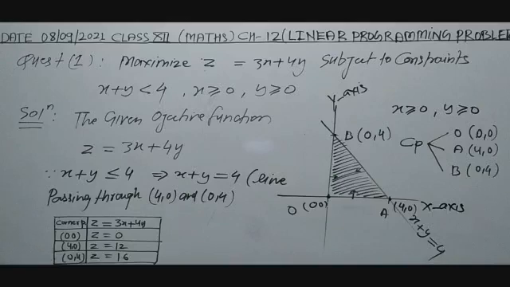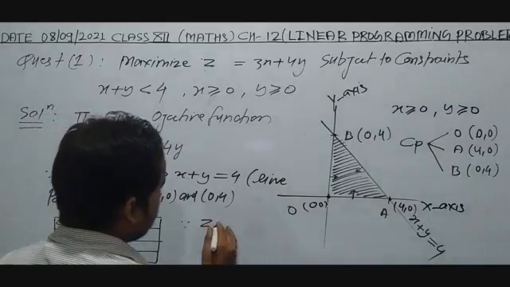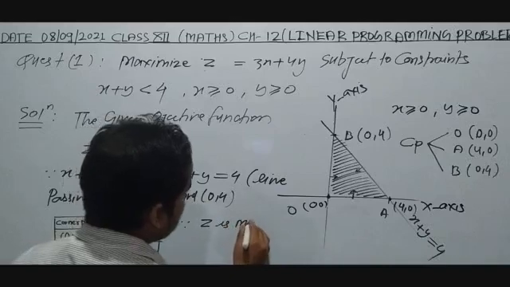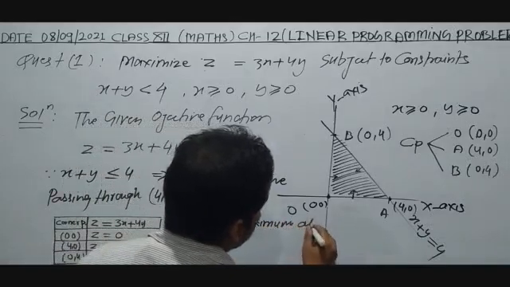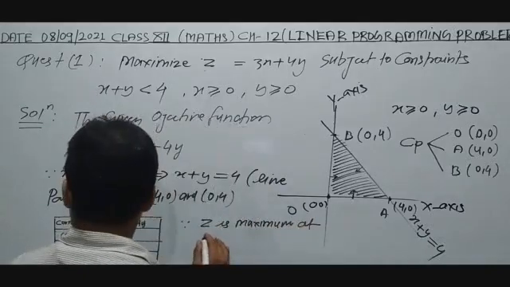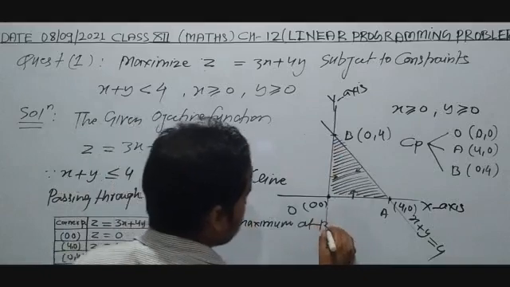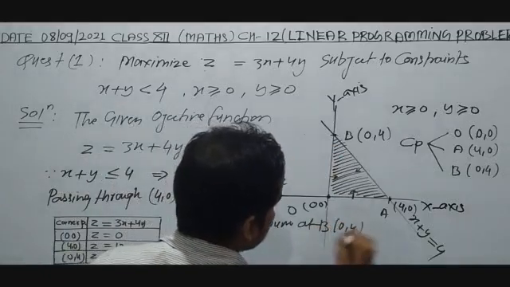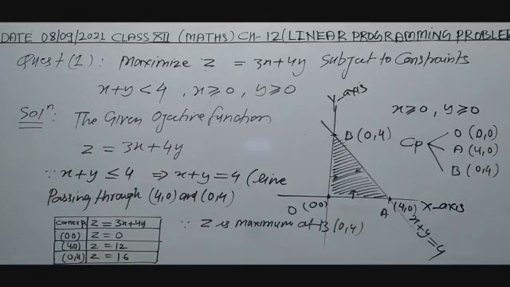Since z is maximum at (0, 4), that is B, the optimum value is 16.